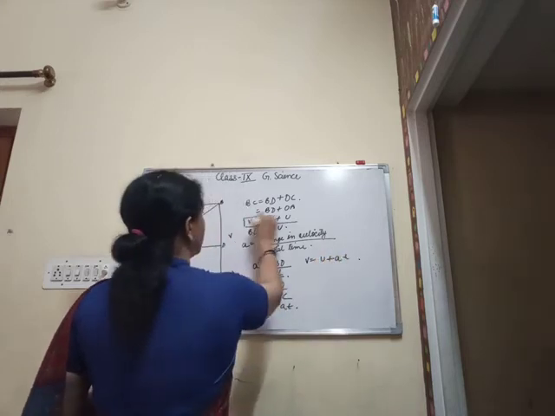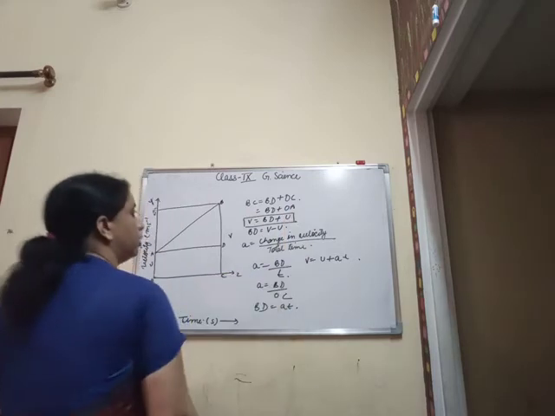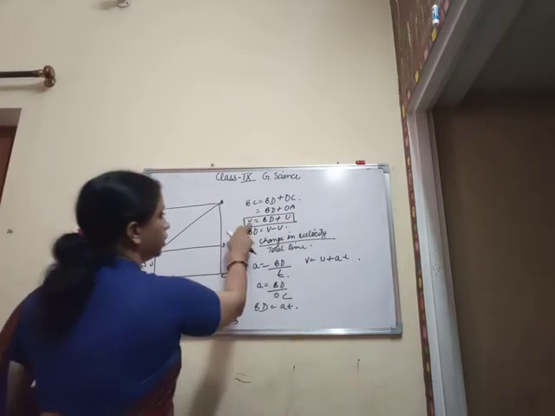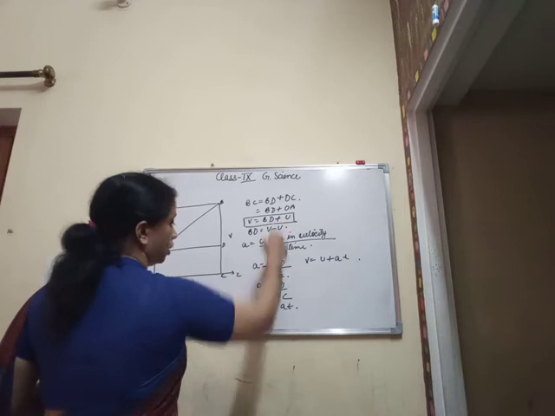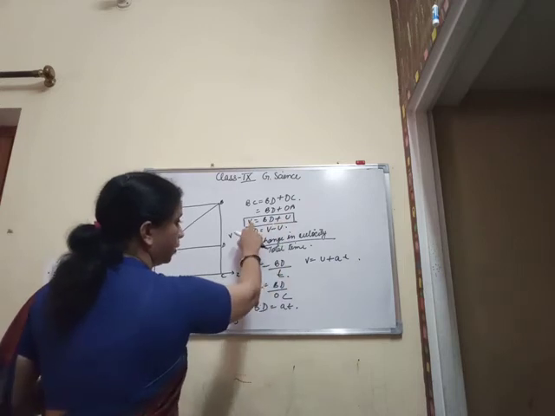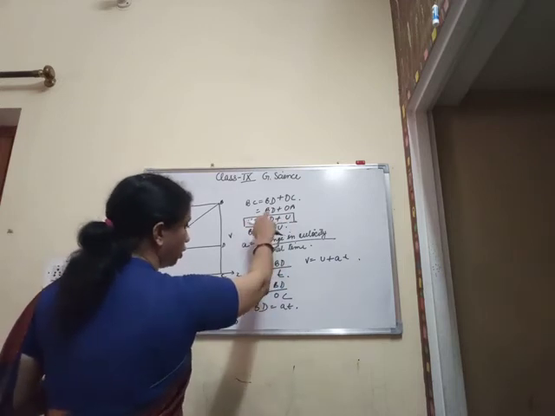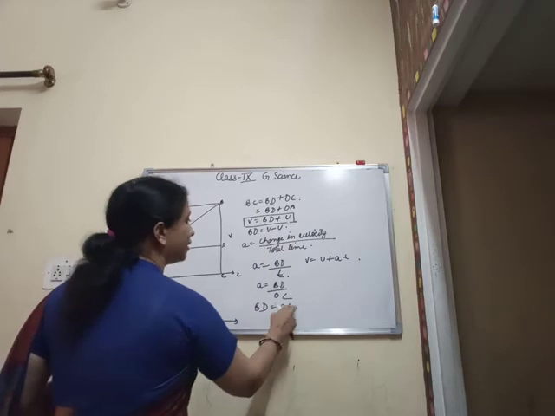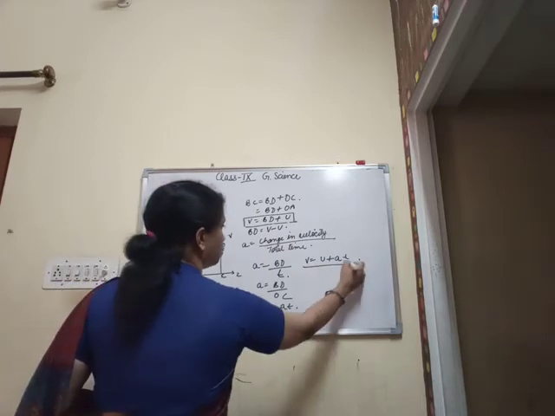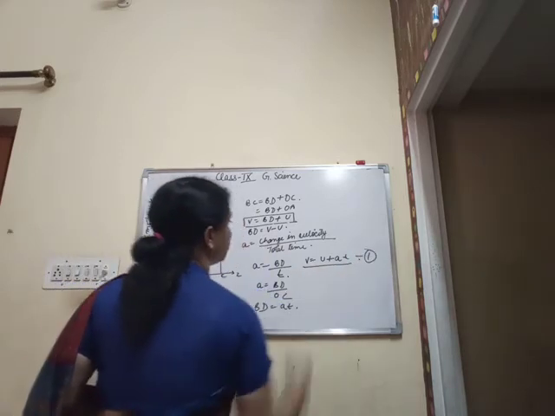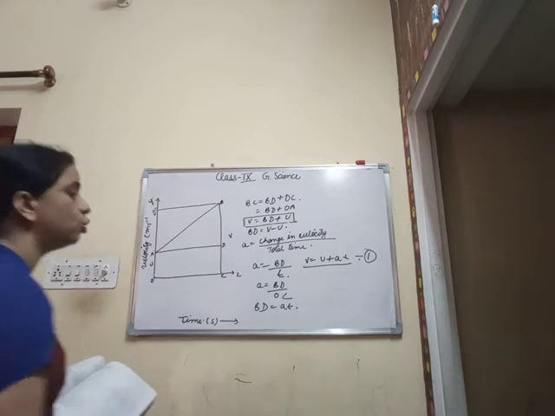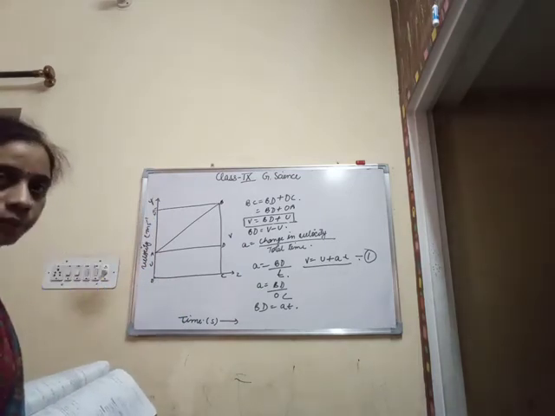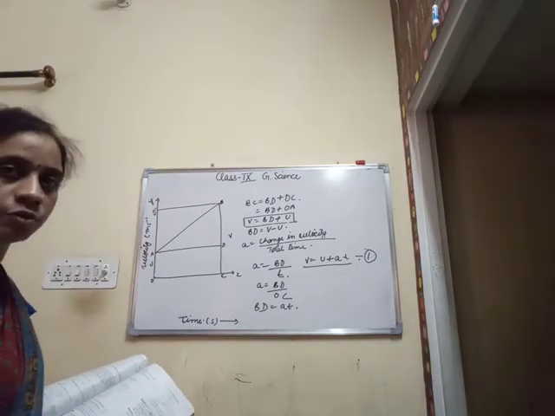We reduce the values in this equation where V is equal to BD plus U: V will remain V, U will remain U, and the value of BD is AT. So we have derived our very first equation of motion, that is V is equal to U plus AT. I hope that you have very well understood this.